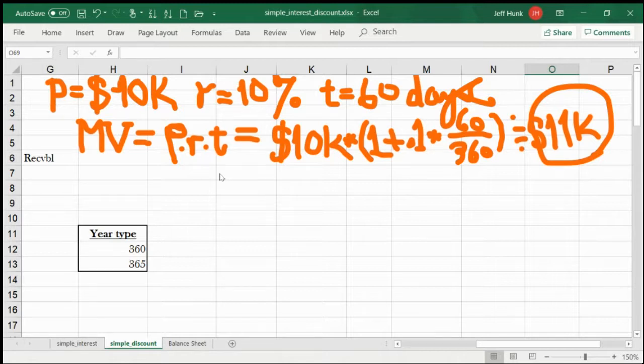It's the bank that's going to take the risk. The seller isn't waiting at all, but the burden of risk and waiting falls all upon the bank. Okay, makes sense? So the bank deserves the full interest. The seller deserves no interest, right?